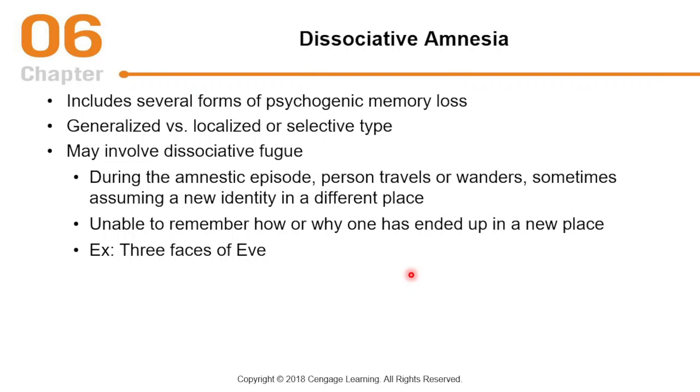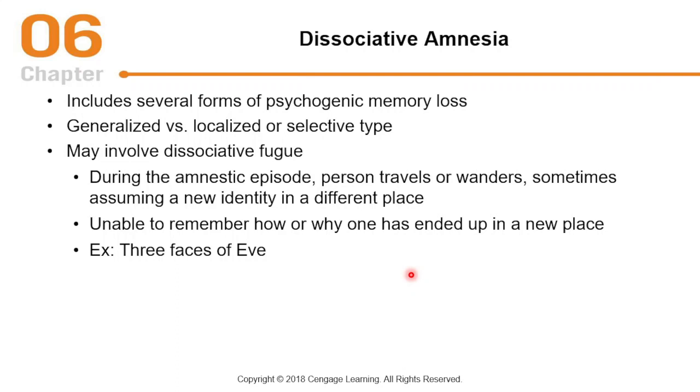So there are several forms of dissociative amnesia, including the psychogenic memory loss. It has three types, as mentioned in the video. We have the generalized, or the one wherein we are unable to recall anything, including the identity.